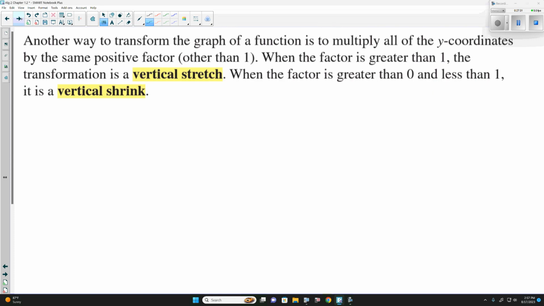Vertical stretch and shrink. If a is greater than 1, it is a vertical stretch. If the value of a is between 0 and 1, it is a vertical shrink.